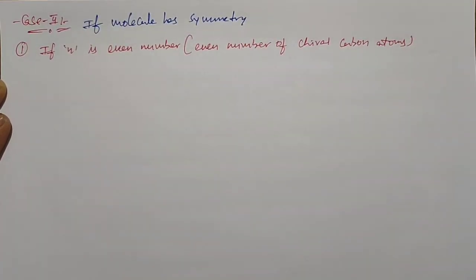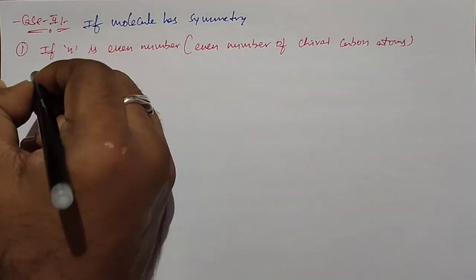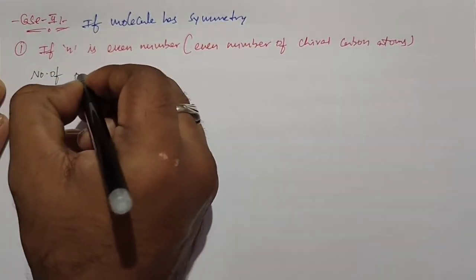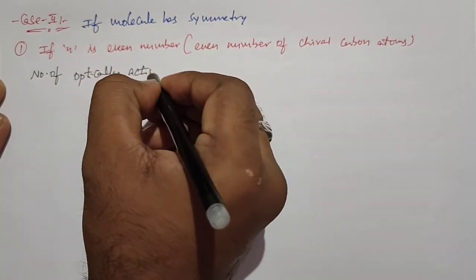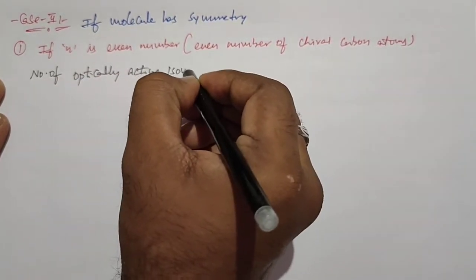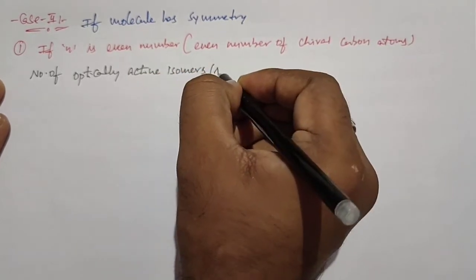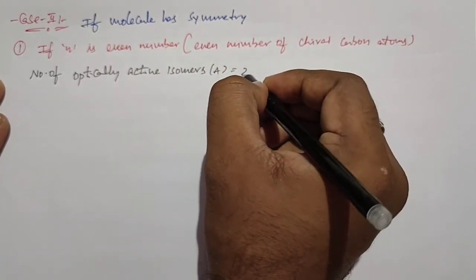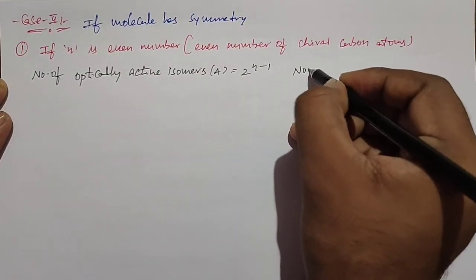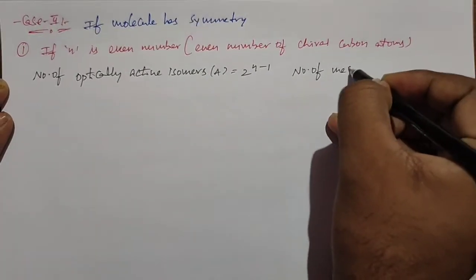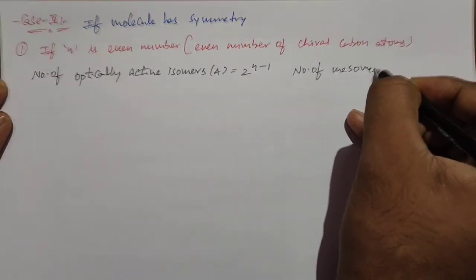Then the formula to find the number of optically active isomers, A, is equal to 2 power n minus 1. Then number of mesomers, here mesomers not equal to 0.